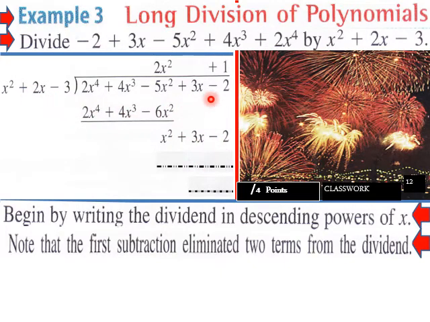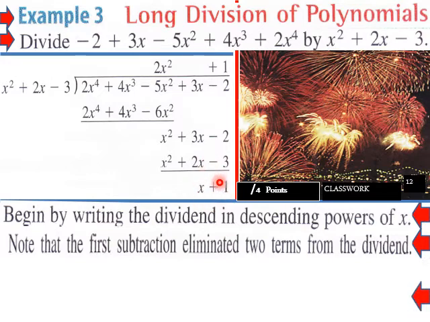So for this, we're going to multiply through by 1 times x squared plus 2x, and then minus 3. So this is what we would have underneath. Change signs and add. These will cancel, and then this will become x plus 1 now. This will be a positive 3.